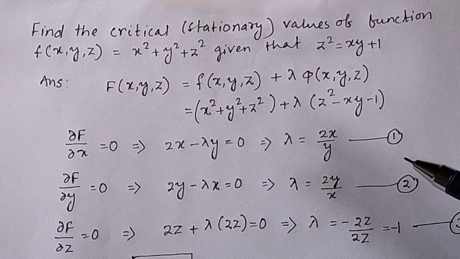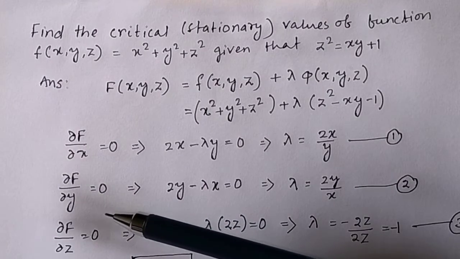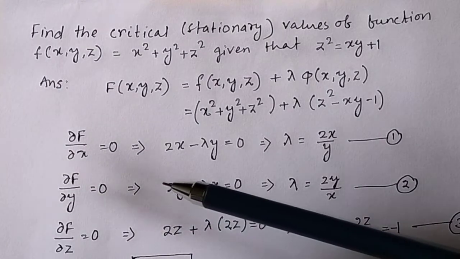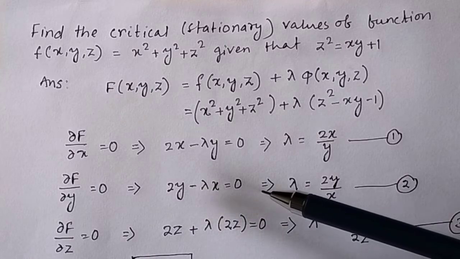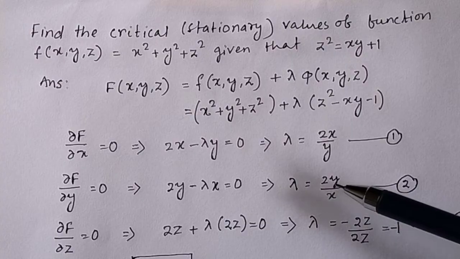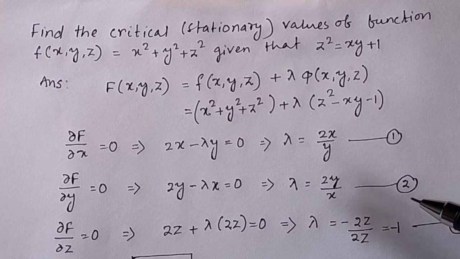Suppose this is equation number 1. Similarly, the partial derivative with respect to y gives 2y − λx = 0, or λ = 2y/x. Suppose this is equation number 2.